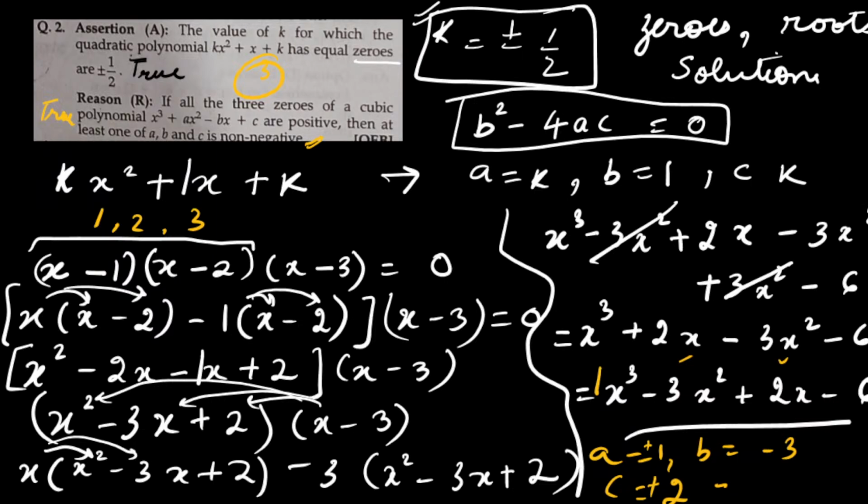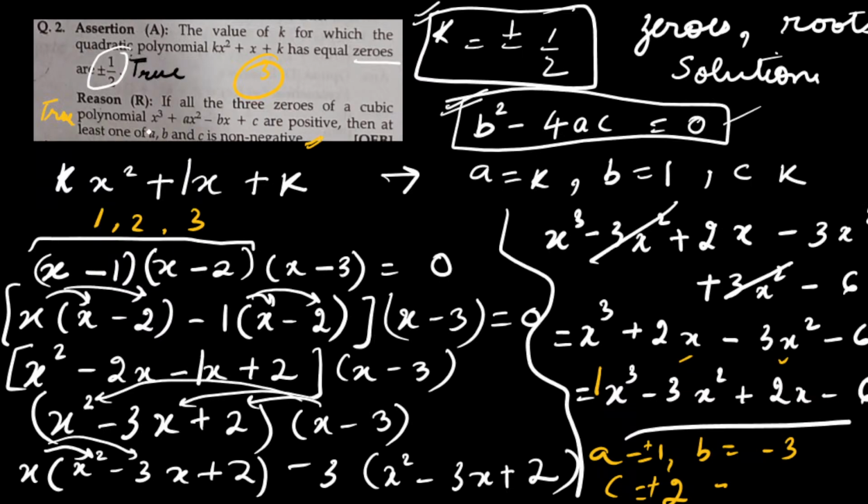So the value of k for which the quadratic polynomial has equal roots. See, when we were doing this question, this formula we used: b square minus 4ac, and we got to know that the value of k we got is plus and minus 2. So that was true.